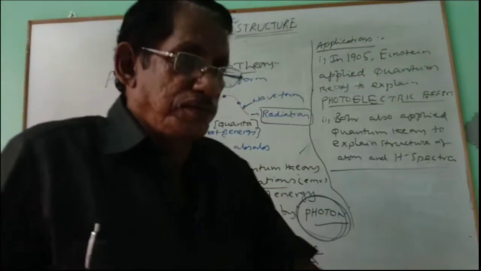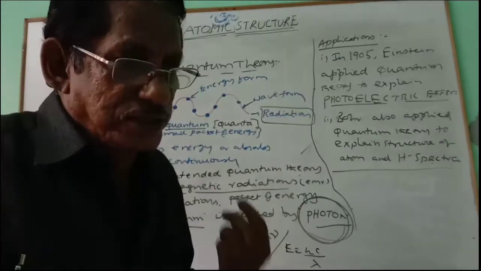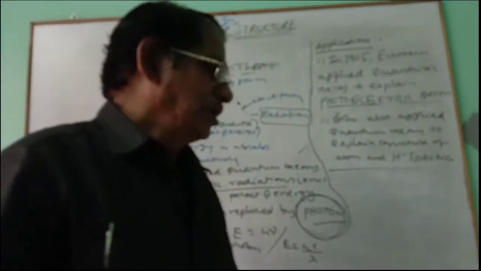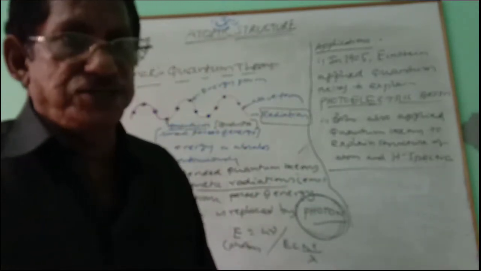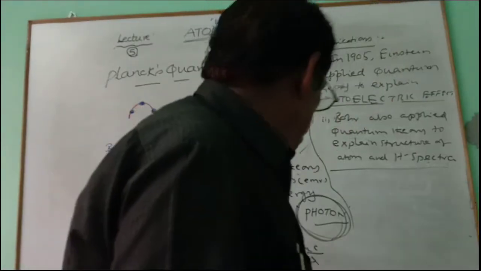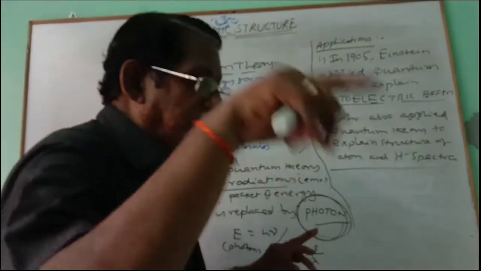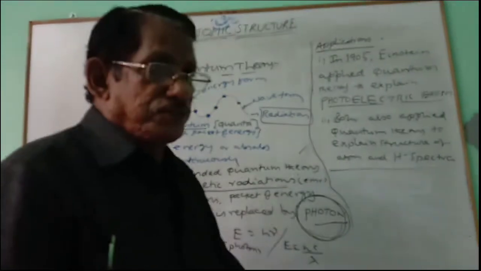So a great idea was interpreted by Planck's quantum theory, sensational, and using that, the structure of the atom was completely reviewed and modified. And what are the important applications of the quantum theory proposed by Planck? In his honor, this h is introduced, which is called Planck's constant, which is treated as a universal constant, just like velocity, just like gravitational force.